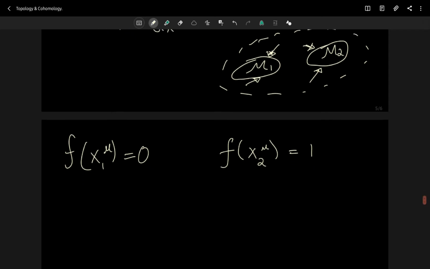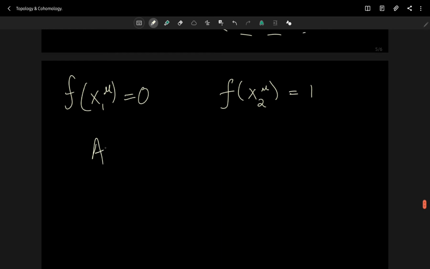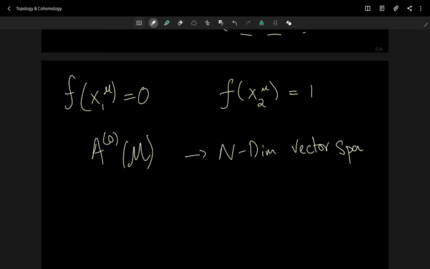Now clearly this A0 of M forms an n dimensional vector space.